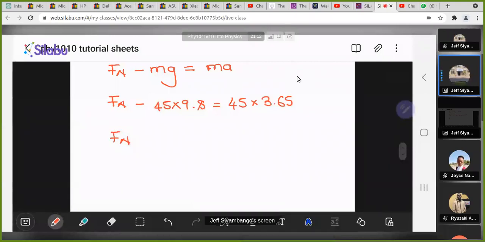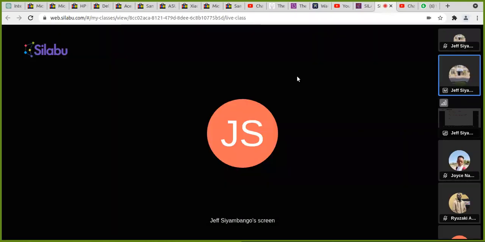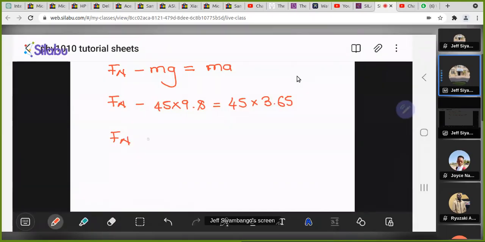So we multiply 45 by 9.8. We get 441. And then we have 45 by 3.65. We get 164.25.